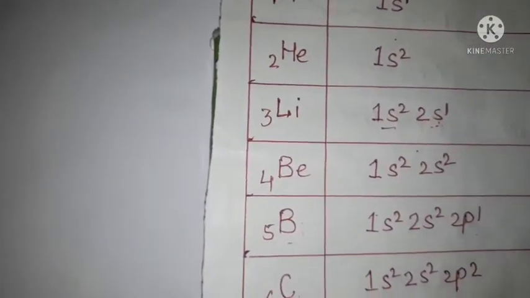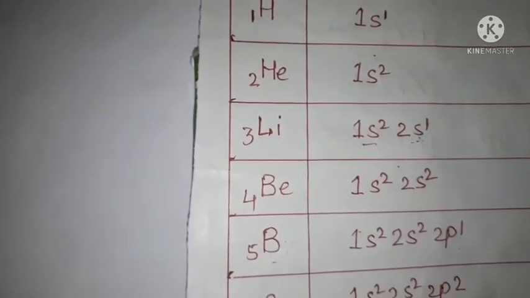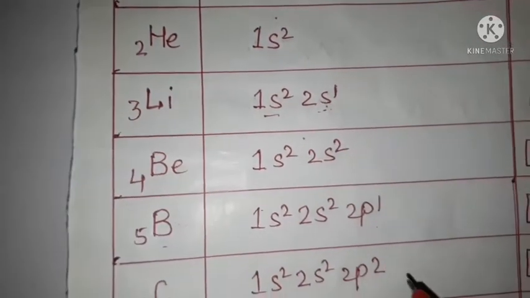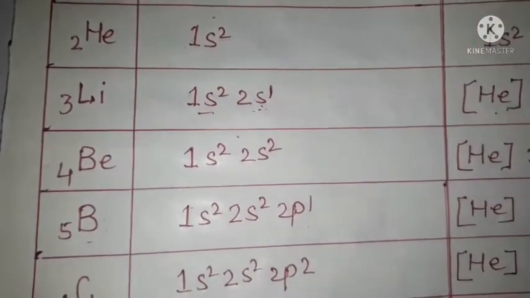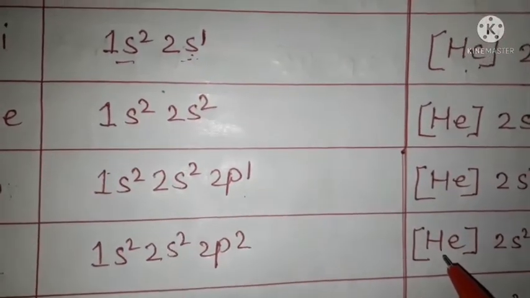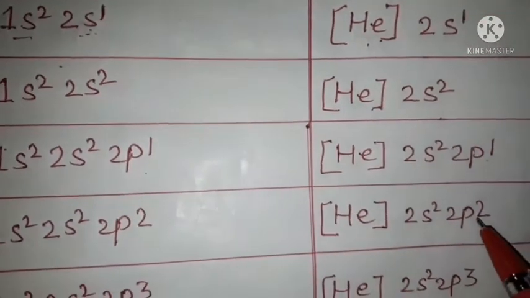Now next element carbon, its Z is 6, so we write 1s2, 2s2, 2p2. In another form, helium 2s2, 2p2.